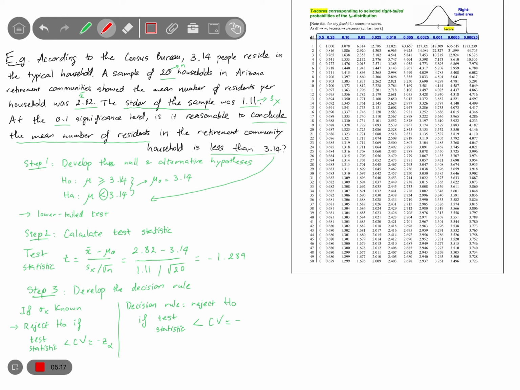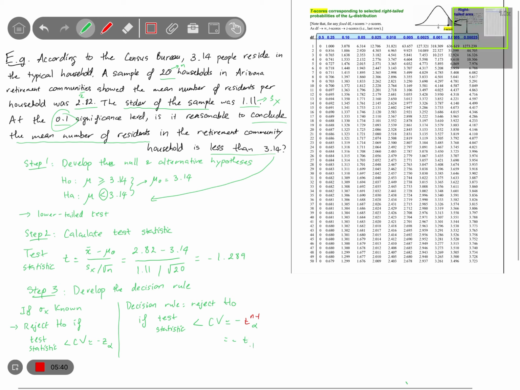Again, we're going to use the t distribution with n-1 degrees of freedom. So we're going to have t sub alpha with n-1 degrees of freedom. Here we're testing at the 0.1 significance level, and so we will be looking at t sub 0.1 with 19 degrees of freedom.